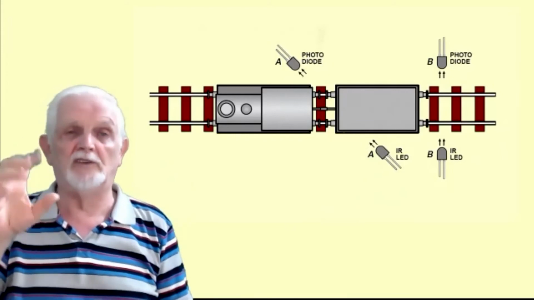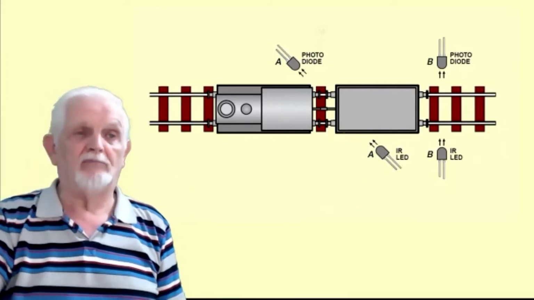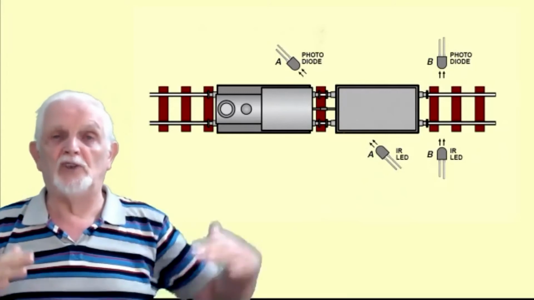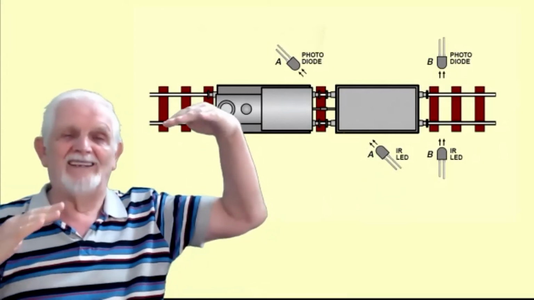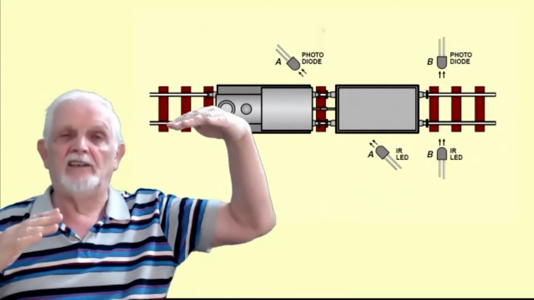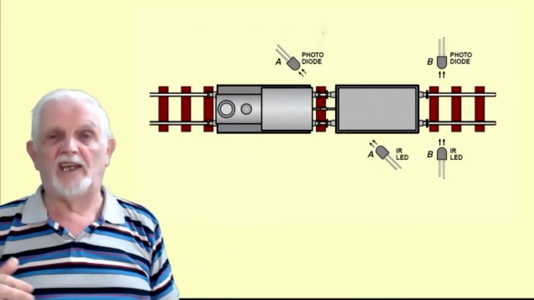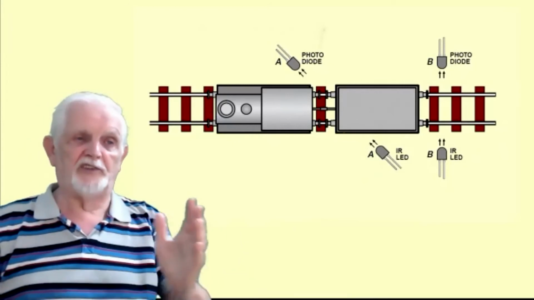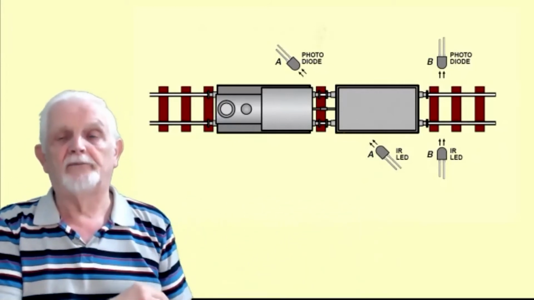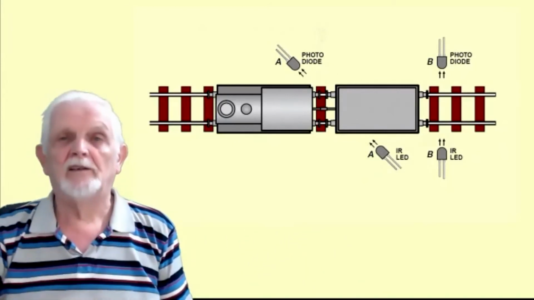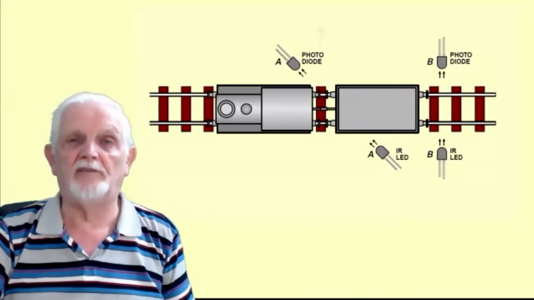You're going to get pulses all the time, and you don't want the gate to be wiggling. So what you do is you put the two at an angle. The source of infrared and the detection of infrared are at an angle, so you always get a blockage during the whole procession of the rolling stock. And that's the beam breaking method for infrared.